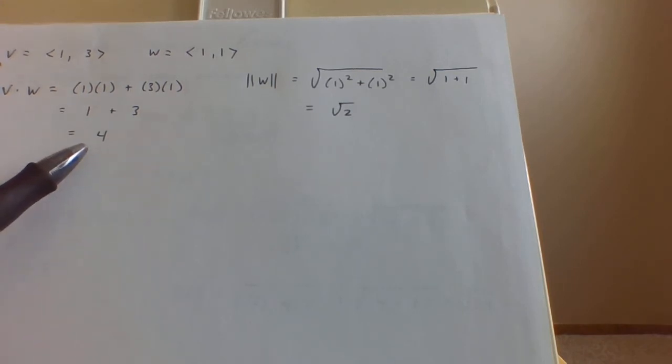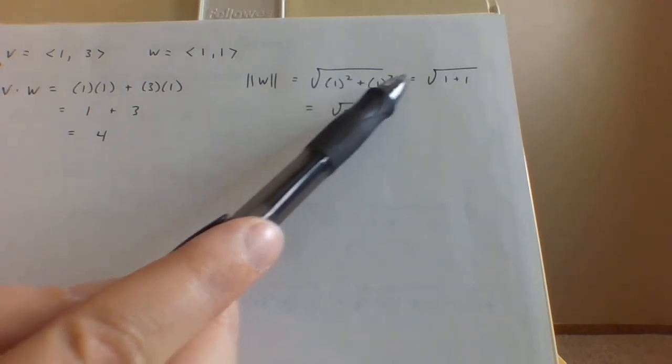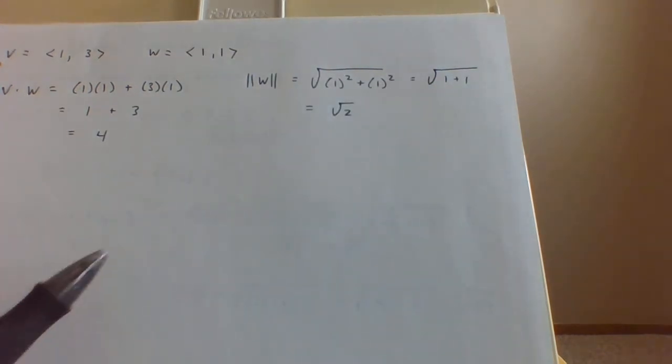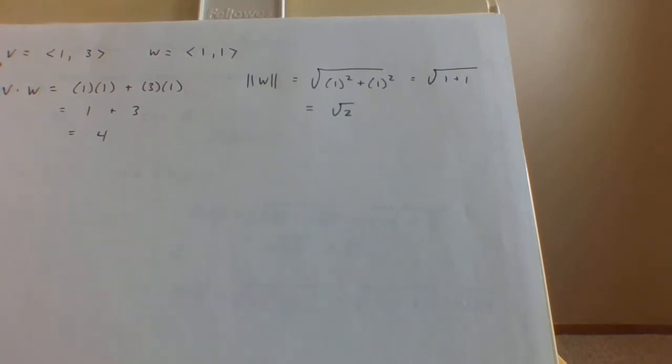So our dot product is going to be equal to 4. When we calculate the magnitude of W, keep in mind we are squaring each of the components, adding them together, and then taking the square root. When we do that, the magnitude of W is radical 2.